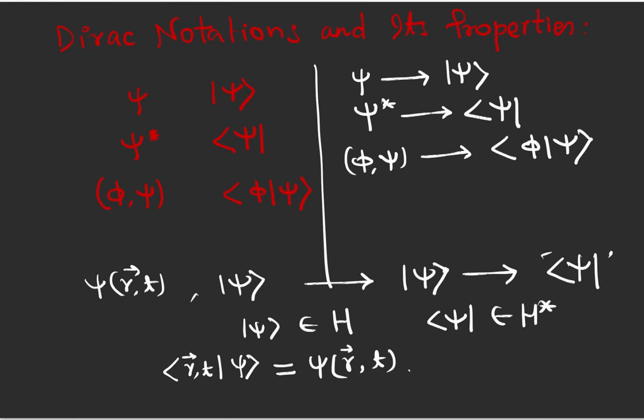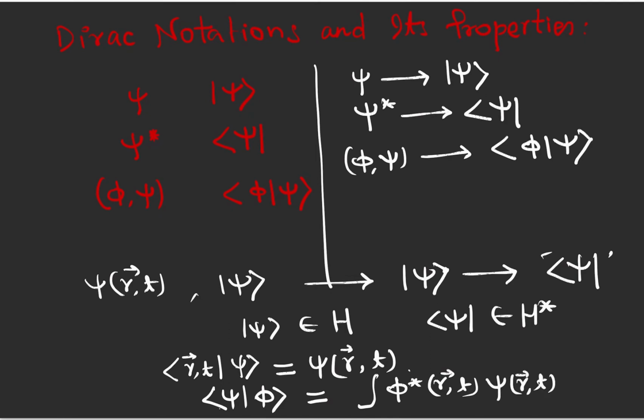In the coordinate representation, further, the scalar product is given by bra psi ket phi is equal to the integral of phi star(r, t) into psi(r, t) d^3r.